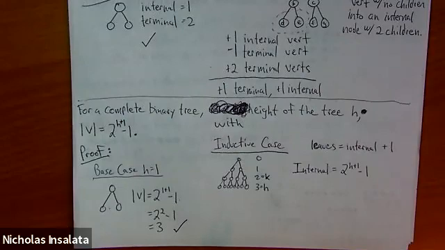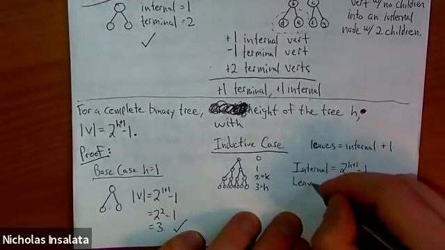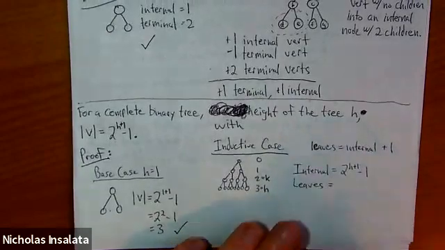Well, how do we know that? So how do we know that the leaves are 2 to the h?